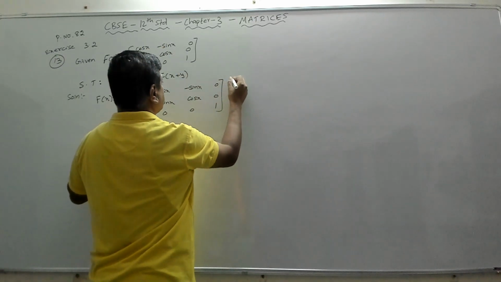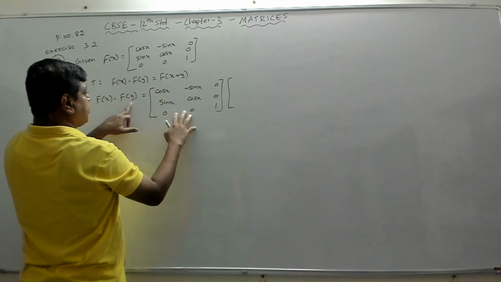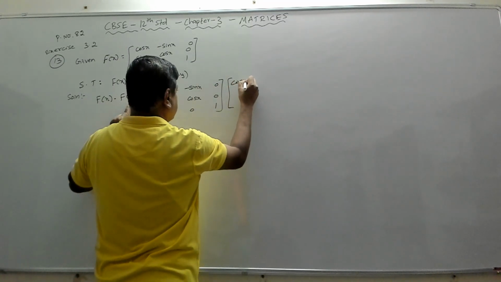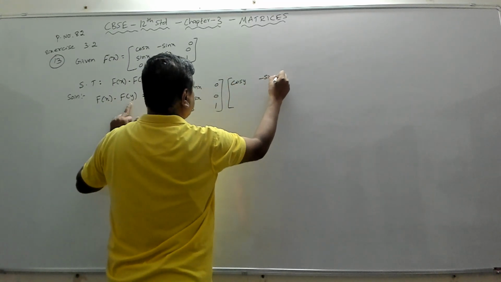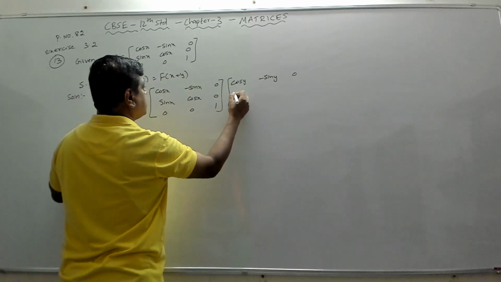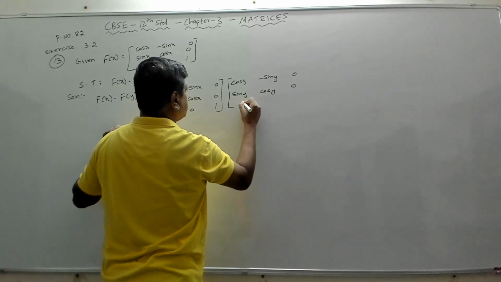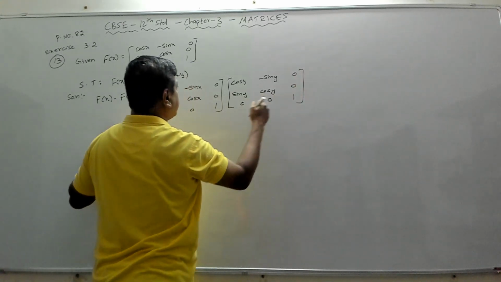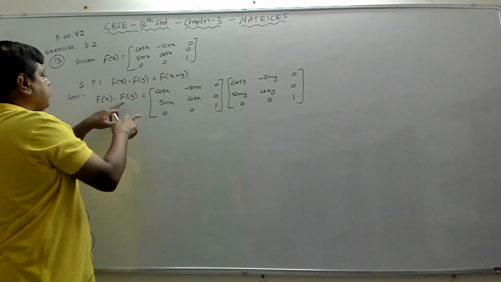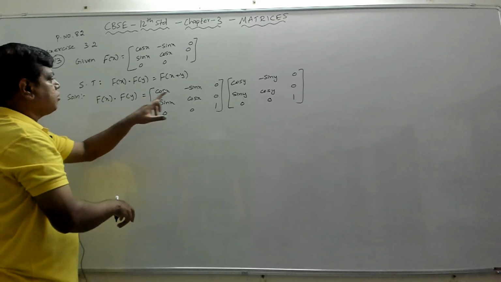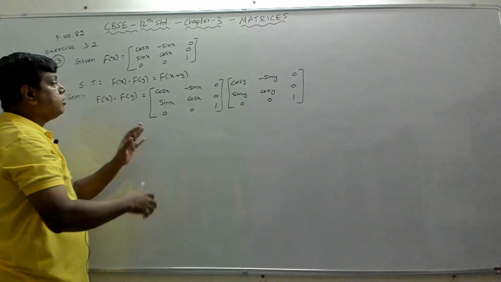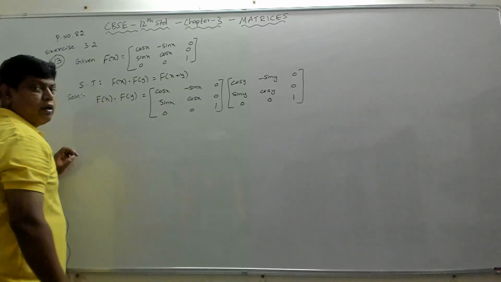So our f of y will be cos y, minus sin y, 0, and sin y, cos y, 0, 0, 0, 1. So this is your f of x, this is your f of y. We should multiply them and show that it is equal to f of x plus y.